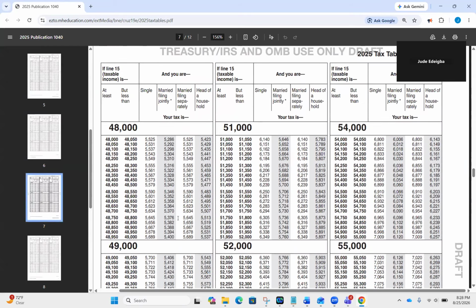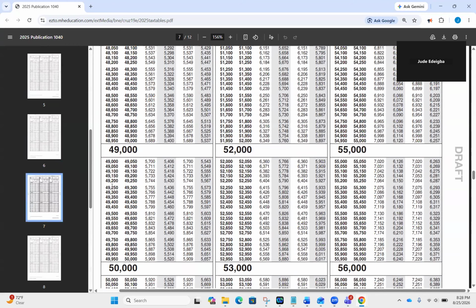So that would fall within this range here. So you could see from here, because they file jointly, this is $5,406. You see that?